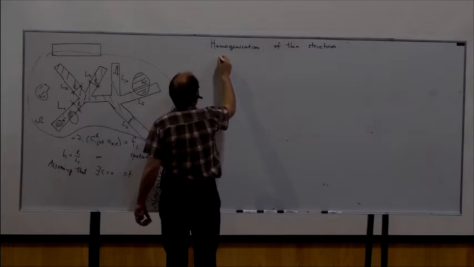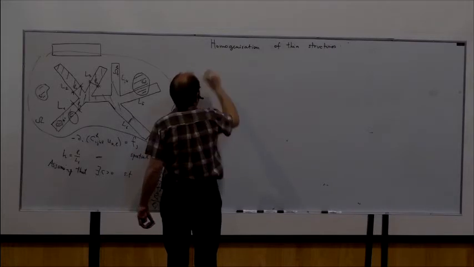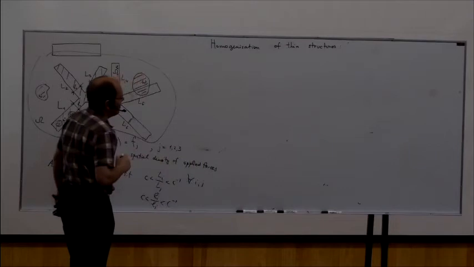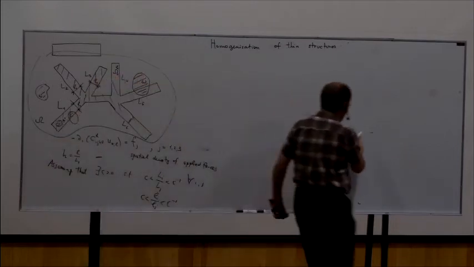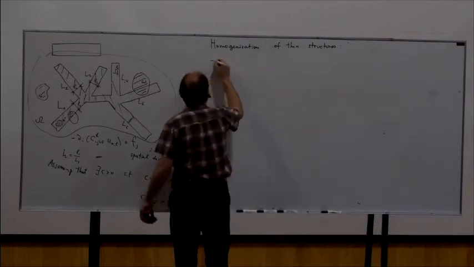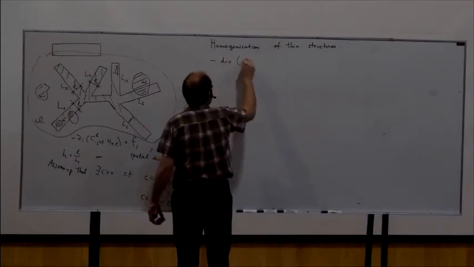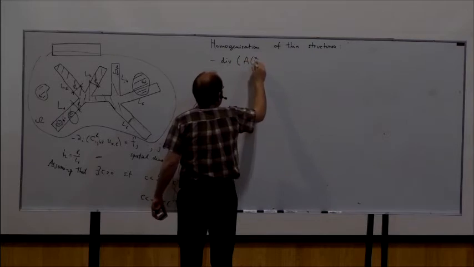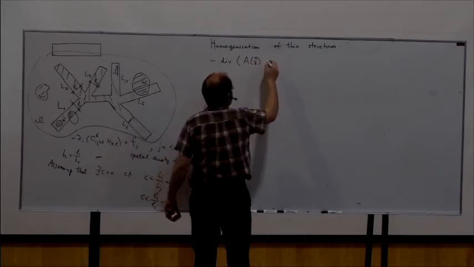Okay, so I'll simply not mention that other parameter epsilon now, and we'll be calling this small epsilon in homogenization the one that represents the period in the structure.